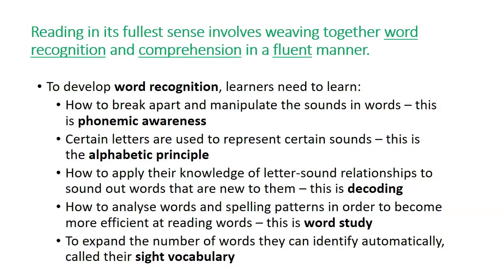They need phonemic awareness, so breaking the words into letters and seeing how that fits. They also need the alphabetic principle, knowing what specific letters sound like. They need to be able to decode. They also need to do word study. And then at the end, they need sight vocabulary, so being able to know a lot of vocabulary words by how they look.